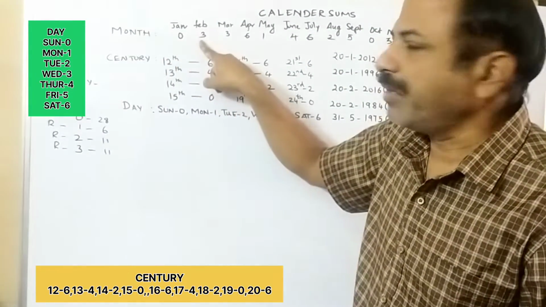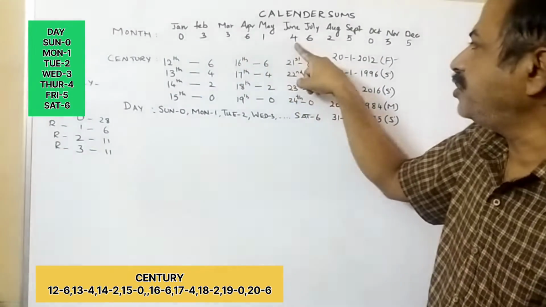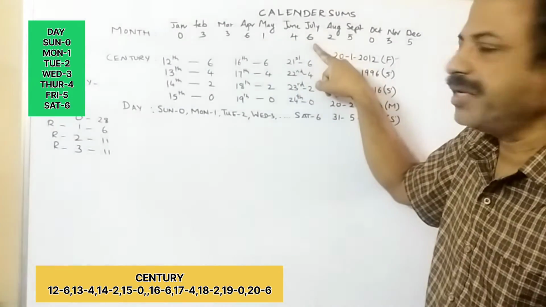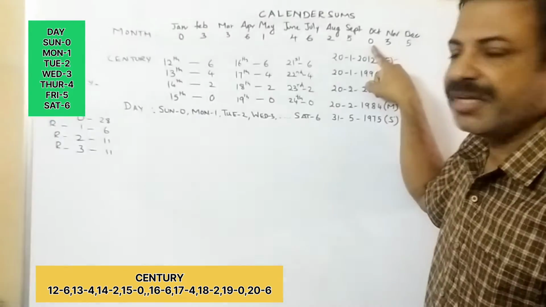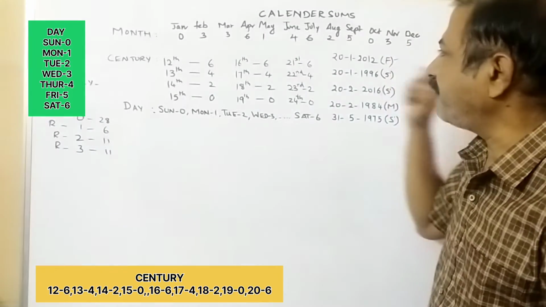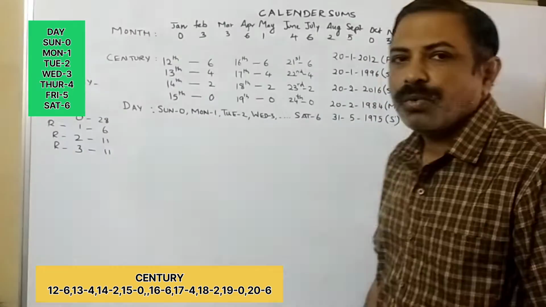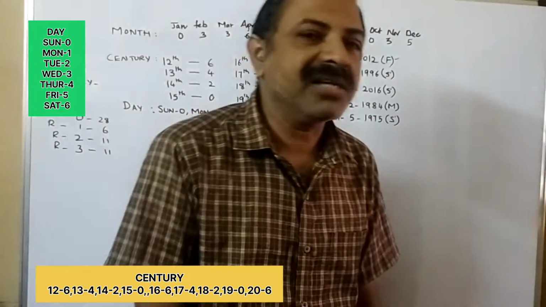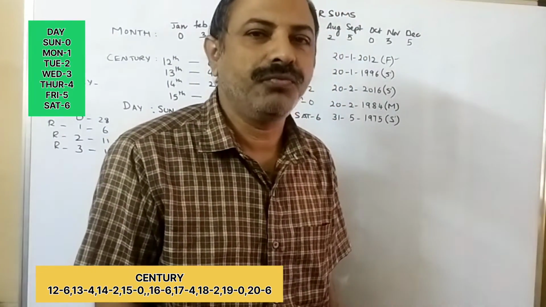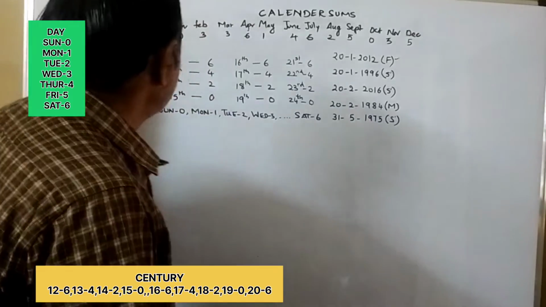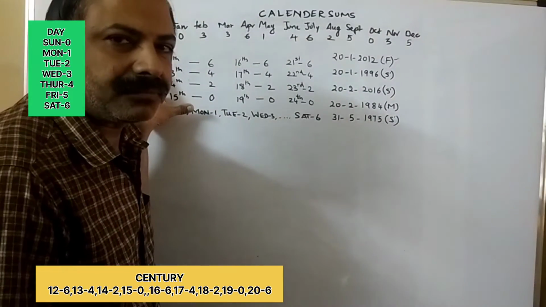January 0, February 3, March 3, April 6, May 1, June 4, July 6, August 2, September 5, October 0, November 3, and December 5. That is 0 3 3 6 1 4 6 2 5 3 5. Just learn it by heart.